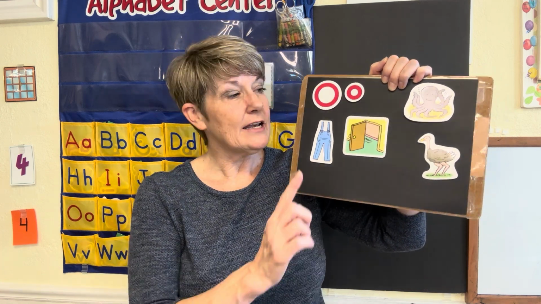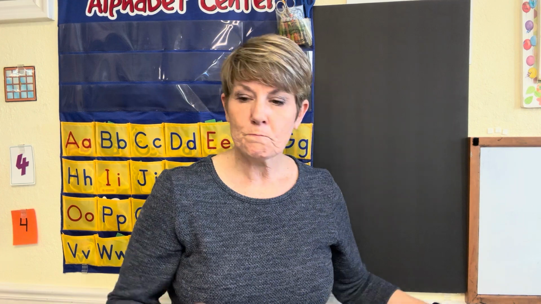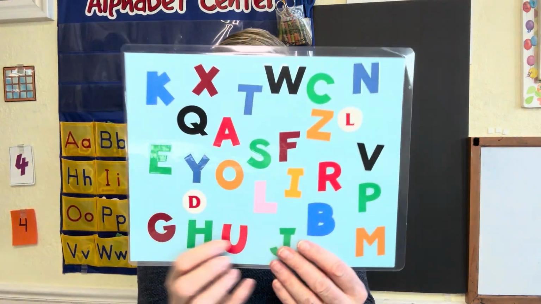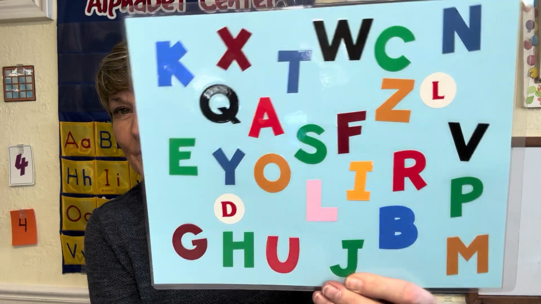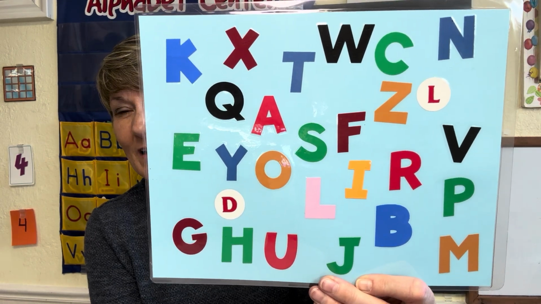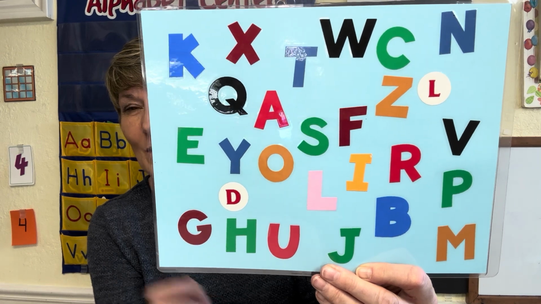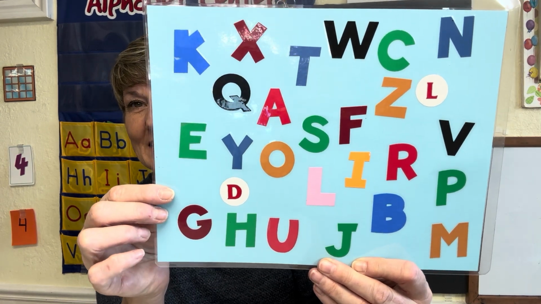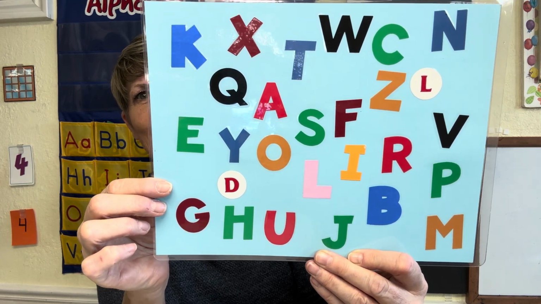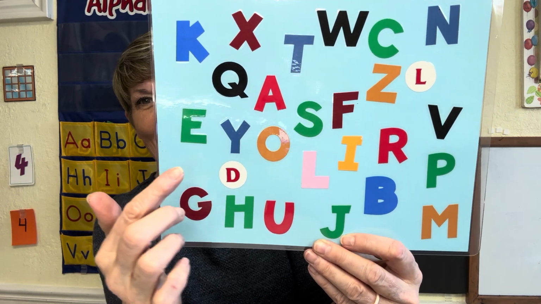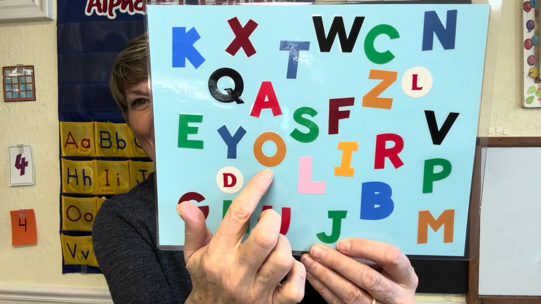All right? Now, let's see if you can find a letter O on our mat. Look really carefully. Can you find a letter O on there? What color is it? It's kind of orangish brownish, huh? Can you see it right there?